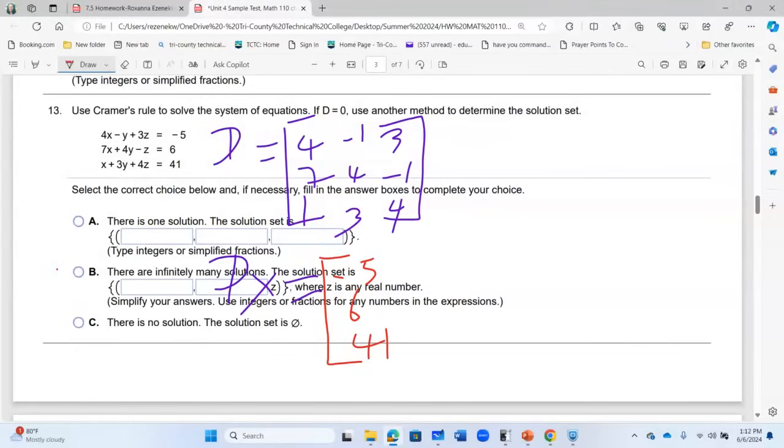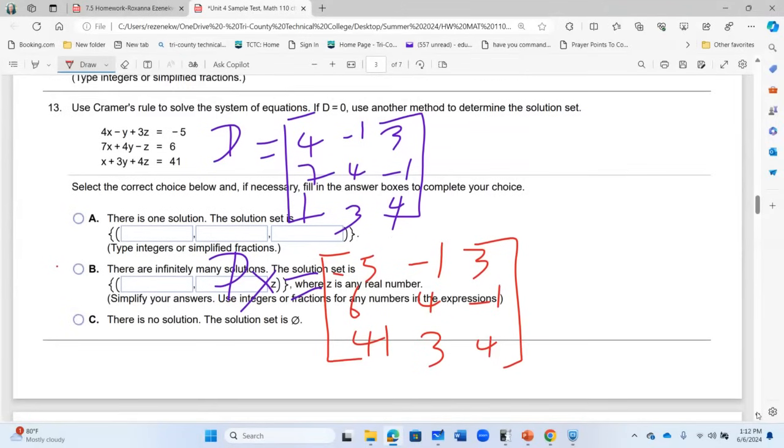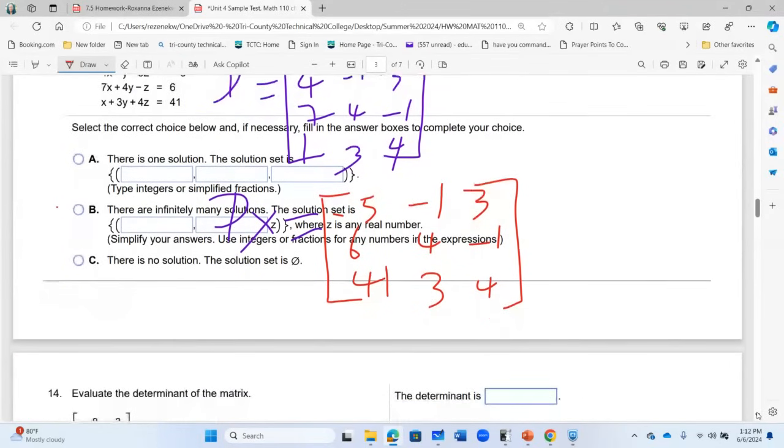The second column now will be the coefficients of y, negative 1, 4, 3. And the third one will be the coefficients of z, 3, negative 1, 4. And then you find the determinant of the 3 by 3 matrix, which is Dx. And then you find Dy, and find Dz too.